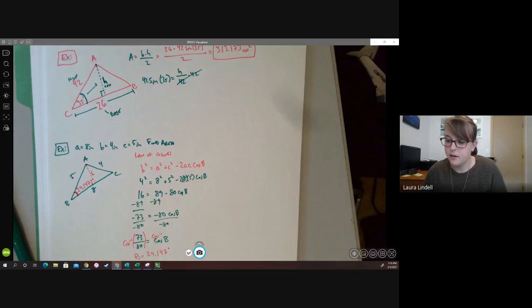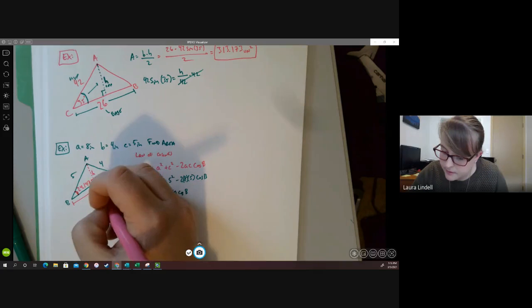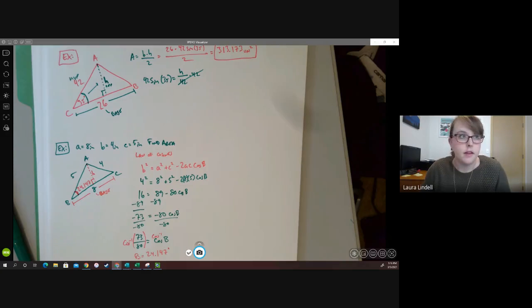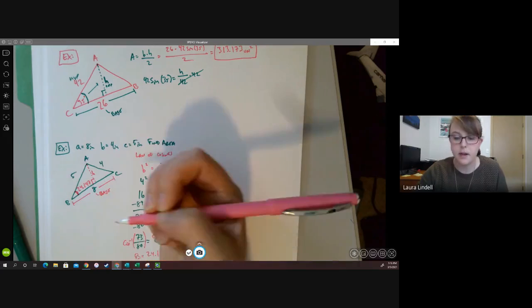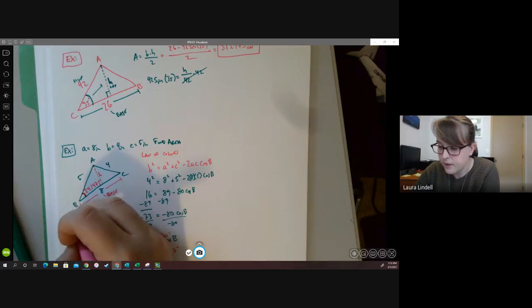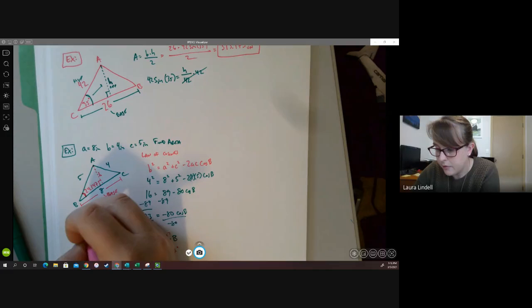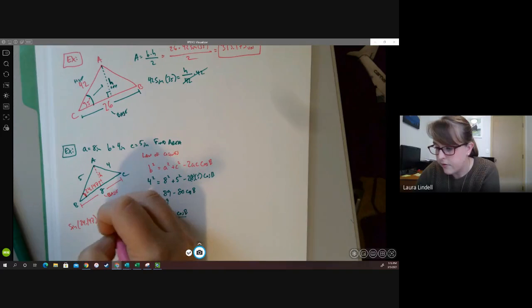This is my base. And then I'm going to use my angle and the fact that h is opposite of that and 5 is the hypotenuse to find the height. So sine of 24.147 equals h over 5.